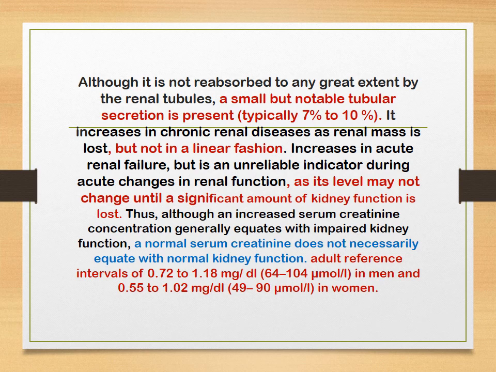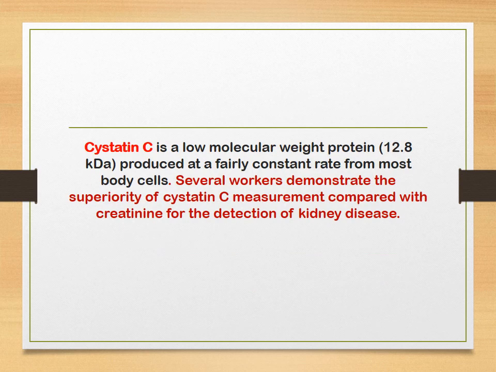Also, it is not a marker of acute kidney injury for this reason, and as a net result, normal serum creatinine does not necessarily indicate normal kidney function. Even so, its increase usually refers to impaired kidney function. So creatinine has advantages and disadvantages.